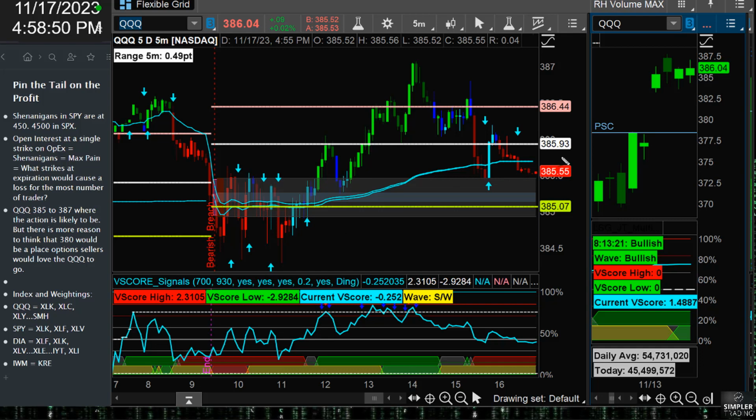In other words, I really should not expect the market to go above 387. So if we reach 387, take profit. But if I know that the zone is 385 to 387, I really don't want to see anything much below 385. Once I hit 385, that's a great place to take profit. 387 is a gift. So you can see here how with an open position that's expiring today, we can use the same information to manage an open trade.